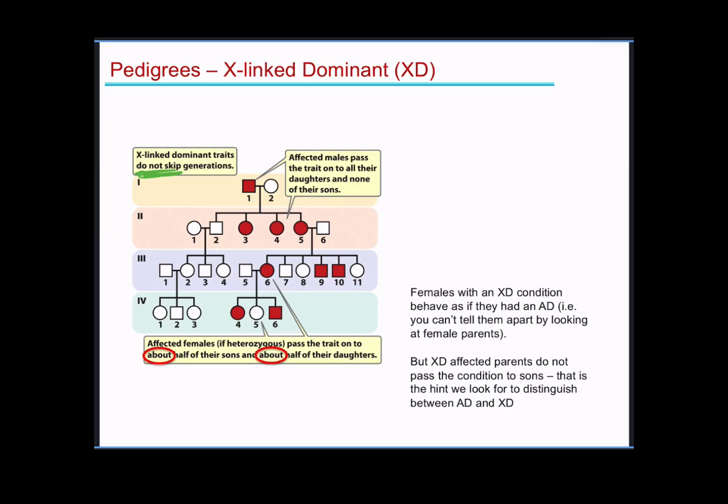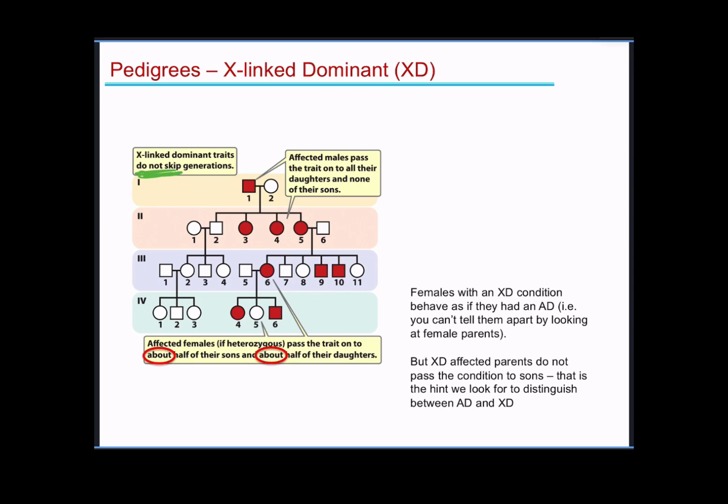They have 2 X's, so for females, an X-linked condition is not much different from an autosomal dominant condition. All of their gametes will have an X in them, and whichever X had the dominant will pass it on to the next generation. So for females, it's indistinguishable. But X-dominant affected parents do not pass the condition to sons.